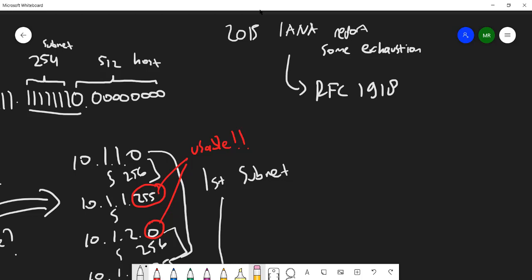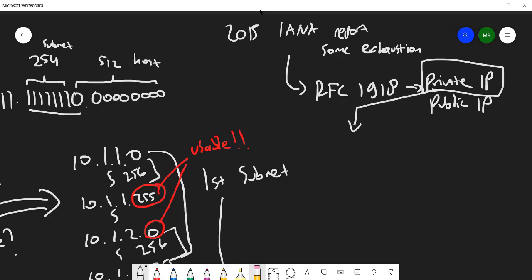We only have to remember the private IPs. Class A private IP is 10.x.x.x. The x means you can input any number ranging from 0 to 255.